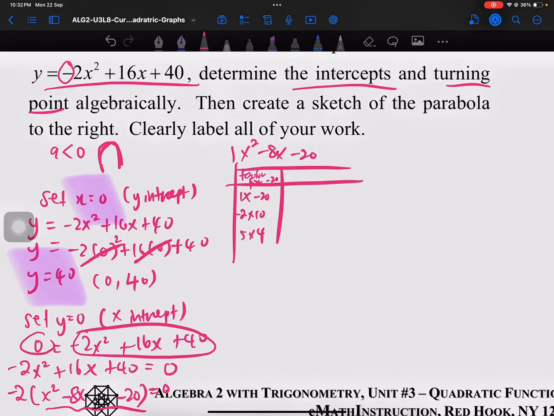So now you want the sum to be -8. So when you add 2 things, you will get -8. This one is far, so far. This one, maybe -2 plus 10 is 8. Now you try to change the sign. 2 minus 10. Yes, you have -8. So this is your factor.